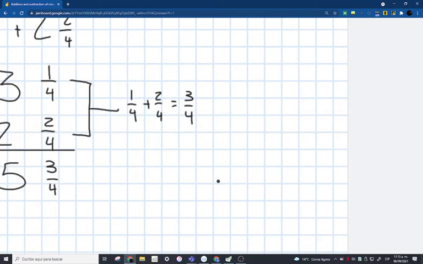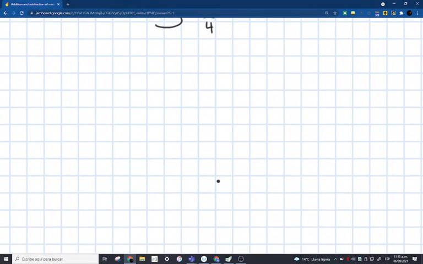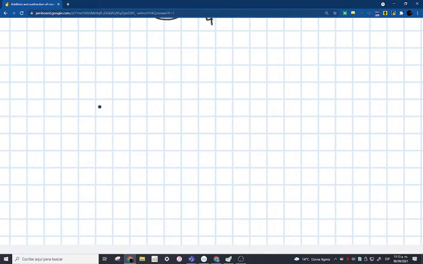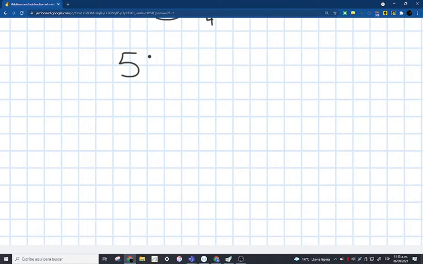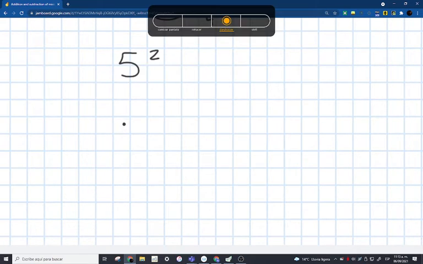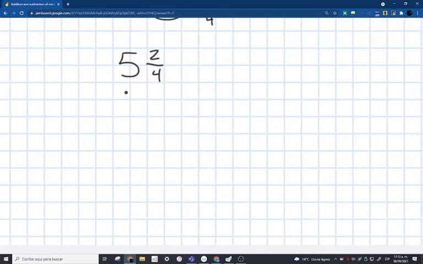But sometimes, not like in this case, which is really good, in some cases we have something like this. Let's say that I want to add 5 and 2/4 plus 3 and 3/4.